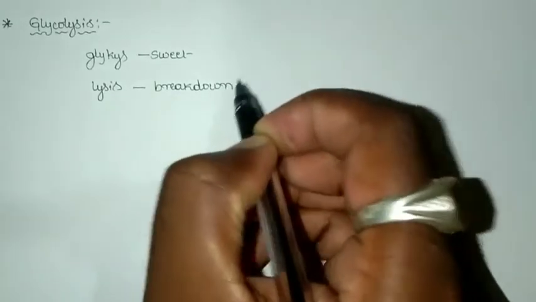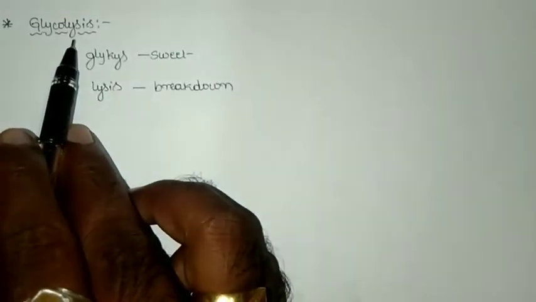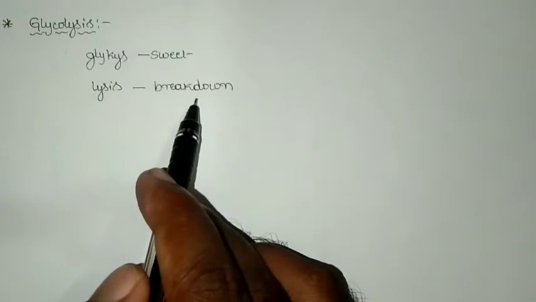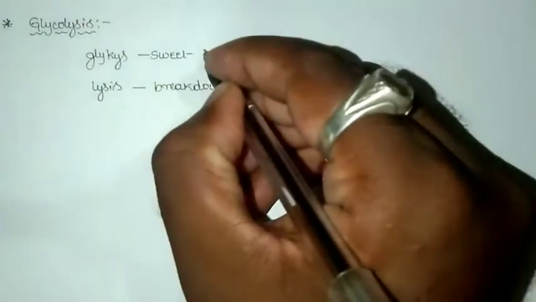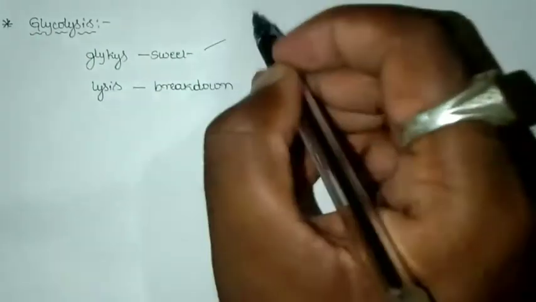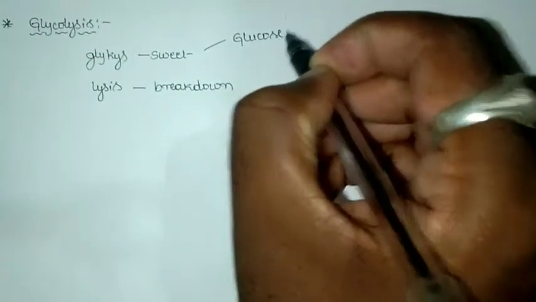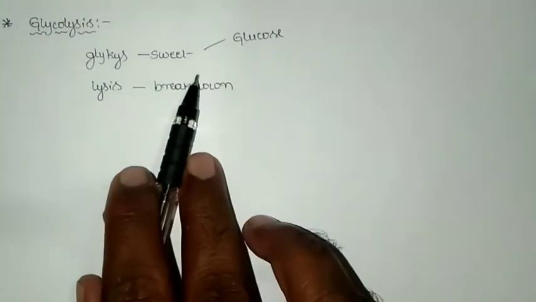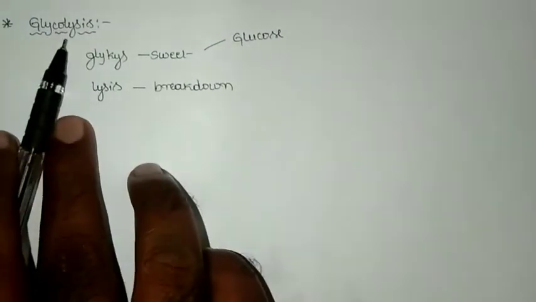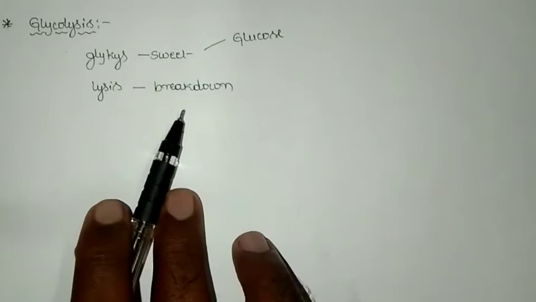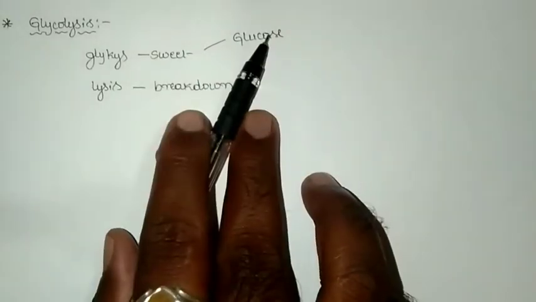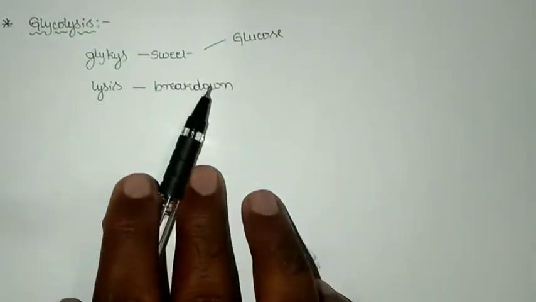So collectively we can say the meaning of the word glycolysis is breakdown of the sweet. Sweet is nothing but glucose, which is the simplest carbohydrate molecule. So we can simply say glycolysis is the process of breakdown of glucose into smaller components.